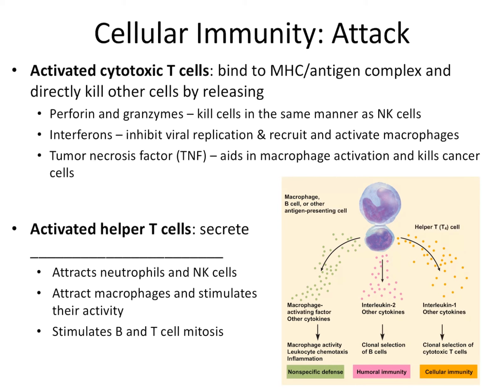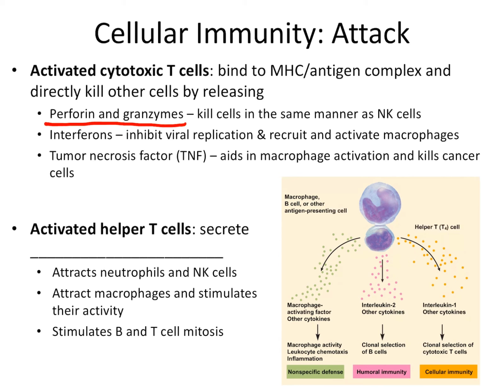Now, activated cytotoxic T cells, once activated, are going to go off and essentially bind to the MHC antigen complex on any other cells that are displaying this foreign antigen. When they do, they're going to kill or cause apoptosis in that cell, very similarly to what we saw with our natural killer cells. So once they dock and bind, they're going to release perforin and granzymes.